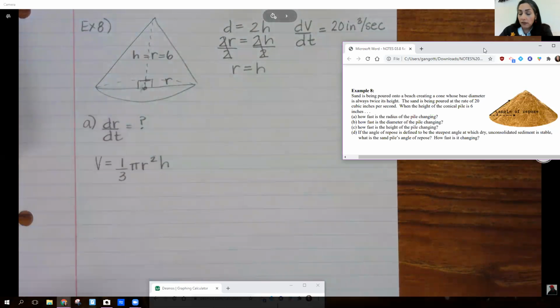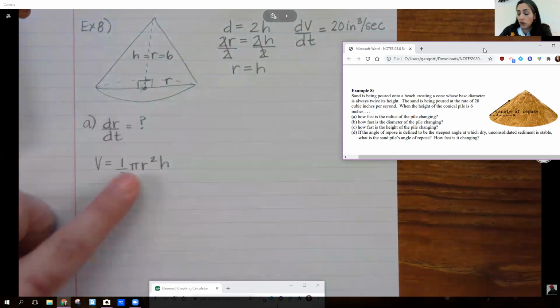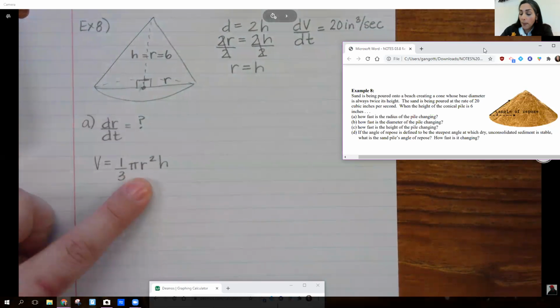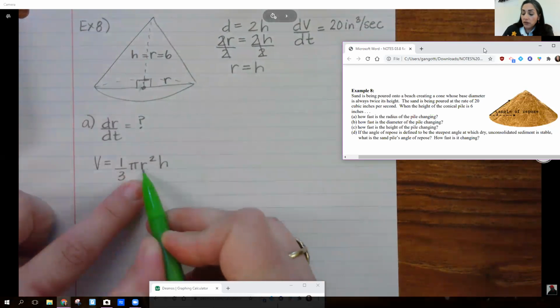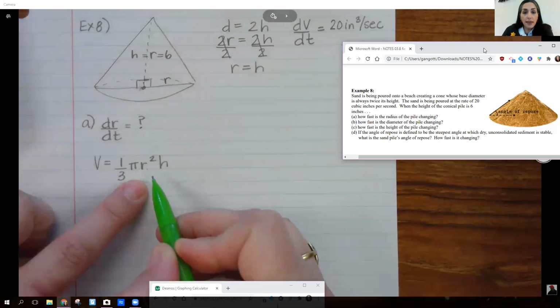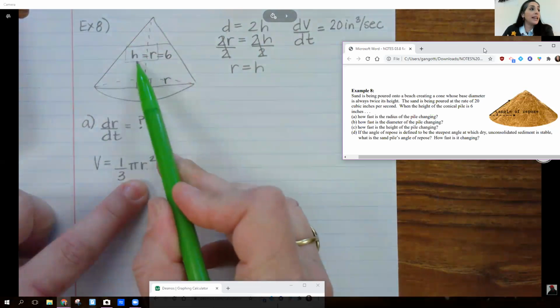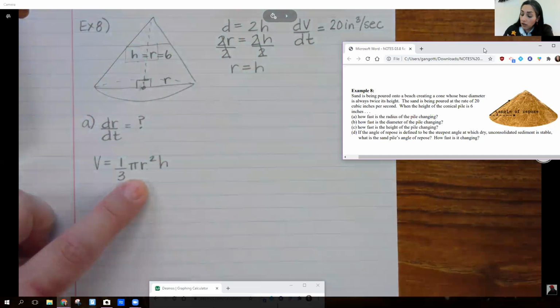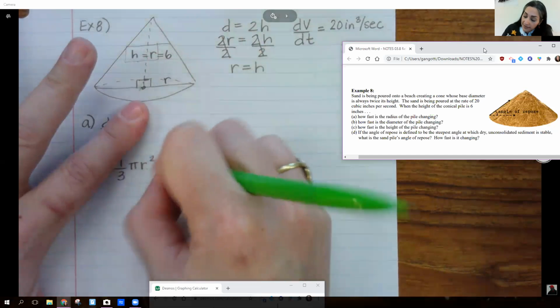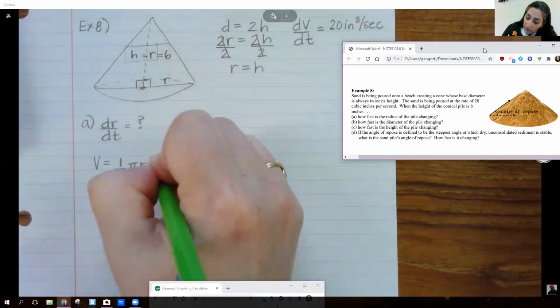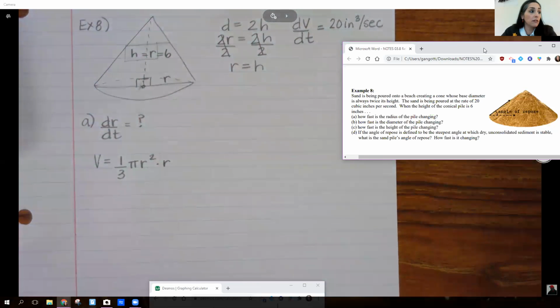Here's an interesting thing. We could start to take the derivative of this, but you'd have 2 unknowns, which means you'd have to use the product rule, and that would be a pain. So let's use what we know up here: h equals r. So really we could replace h with another r.